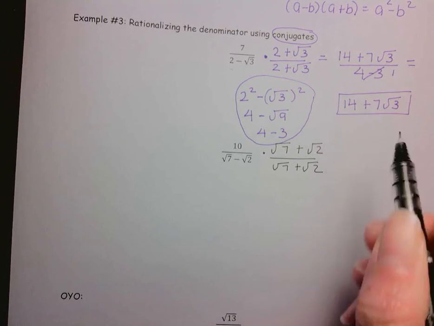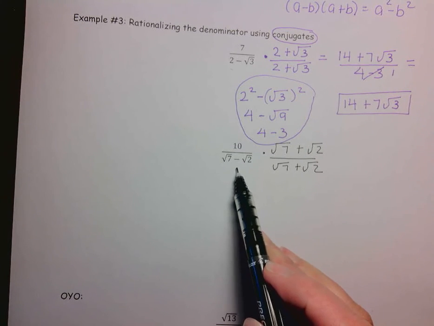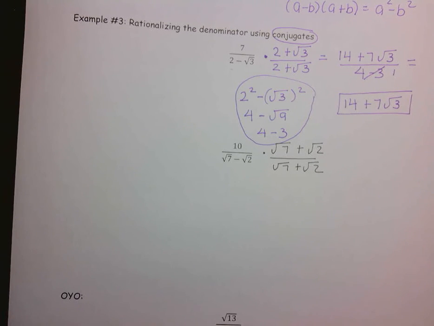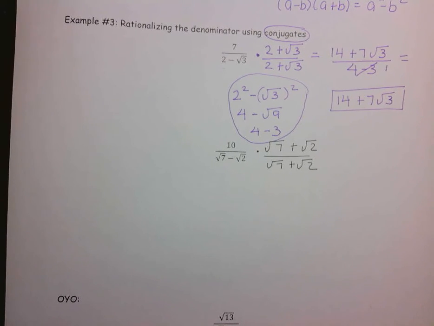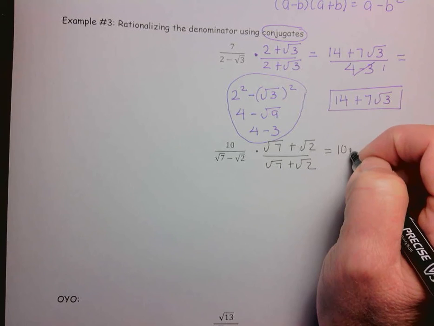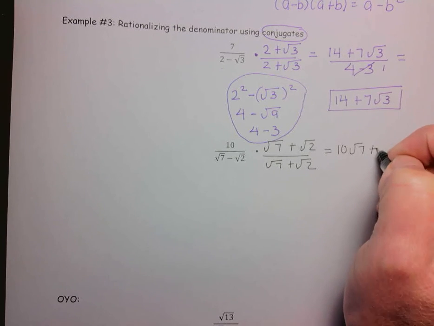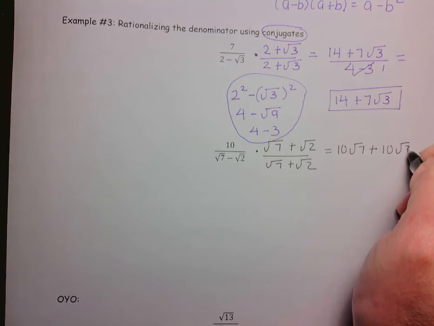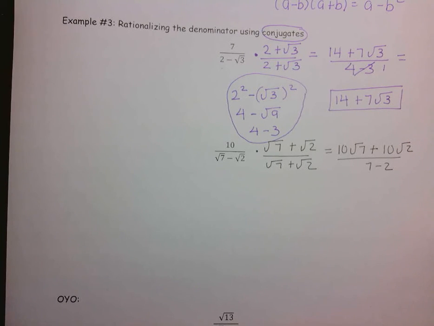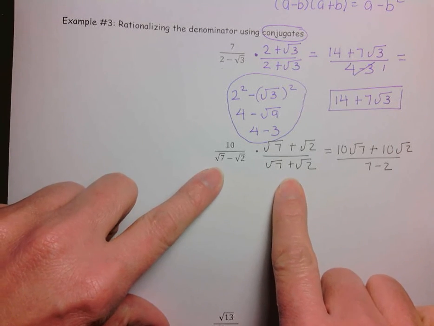So because this is the square root of 7 minus the square root of 2, I want to multiply the top and bottom by the square root of 7 plus the square root of 2. So the top becomes 10 times the square root of 7 plus 10 times the square root of 2 over 7 minus 2. Now again, why is this 7 minus 2?